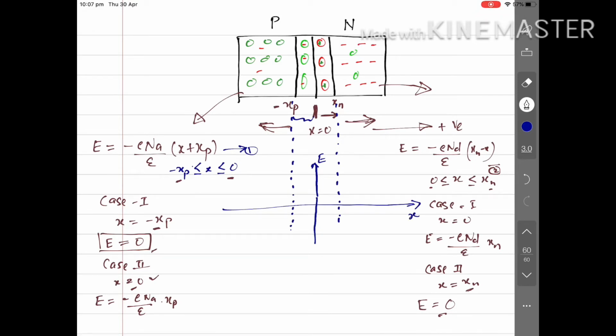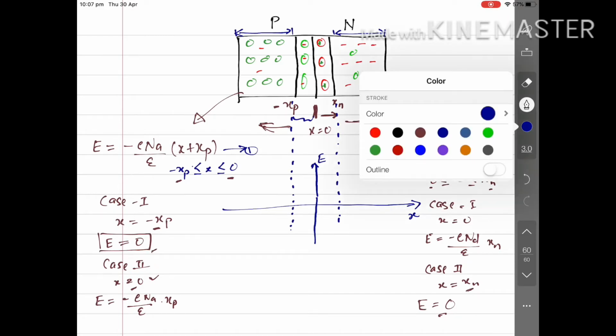What we know is that electric field will occur only when there is immobile charge. Outside the depletion region there is no immobile charge carrier at all. As a result, the electric field in this region, for N and P, will be 0.